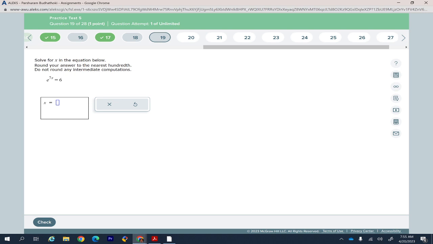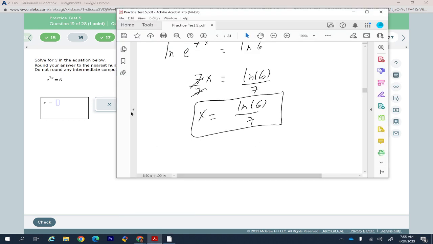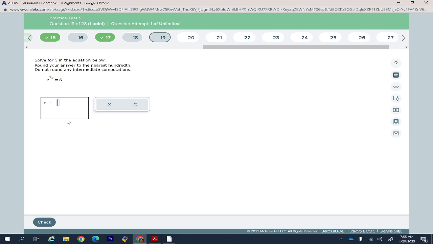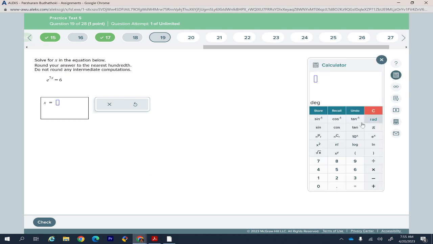Round your answer to the nearest hundredth. First of all, find the answer. For a problem like this, can I type ln? There is no way I can type ln, so I need to use a calculator. Here is the calculator.